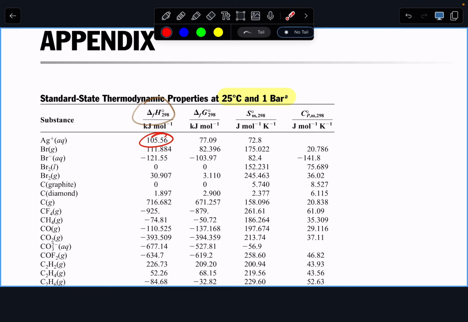Okay. And then in our next lecture, we'll be focusing on the conventional entropy of a species, and also the third law of thermodynamics. And now if we know delta H and we know delta S, obviously we have a way to express the Gibbs free energy of formation of a certain species.